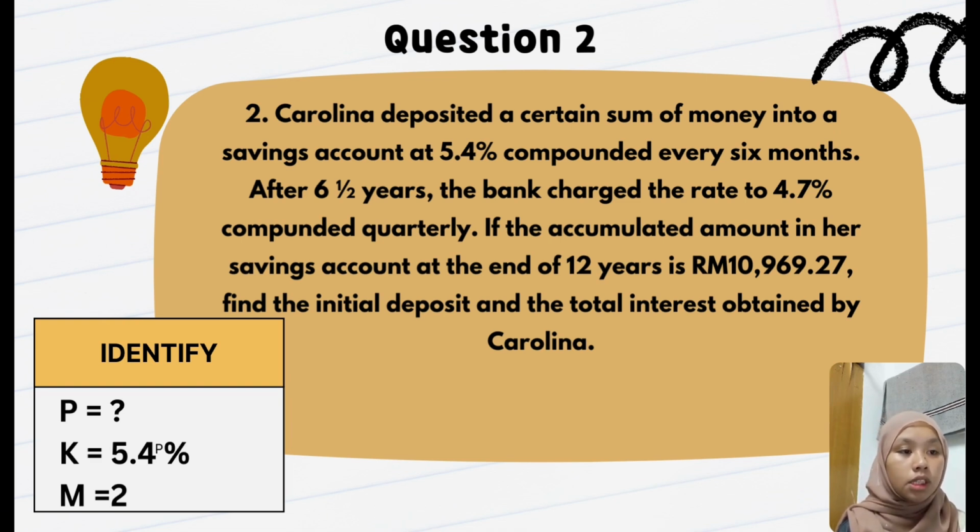If the accumulated amount in her savings account at the end of 12 years is 10,969.27 ringgit, find the initial deposit and the total interest obtained by Caroline.